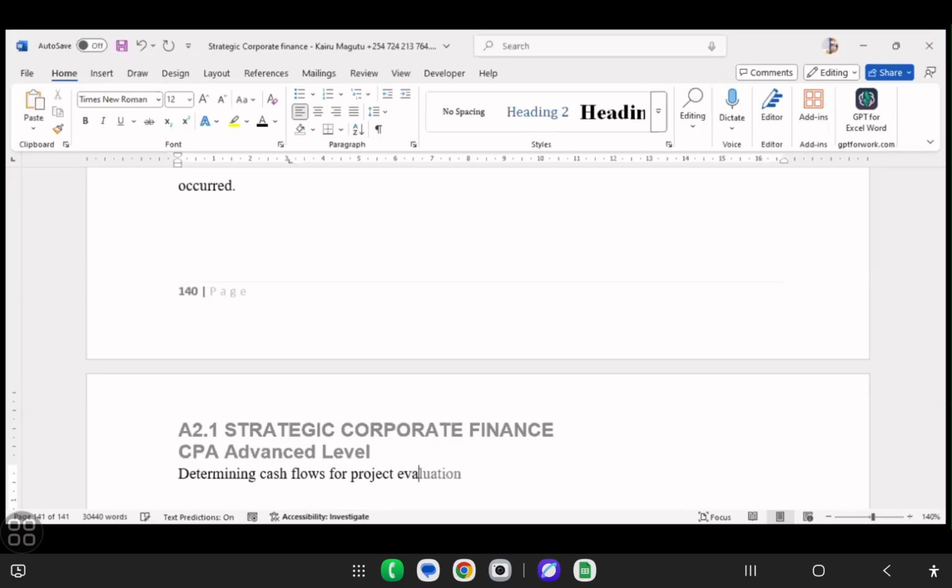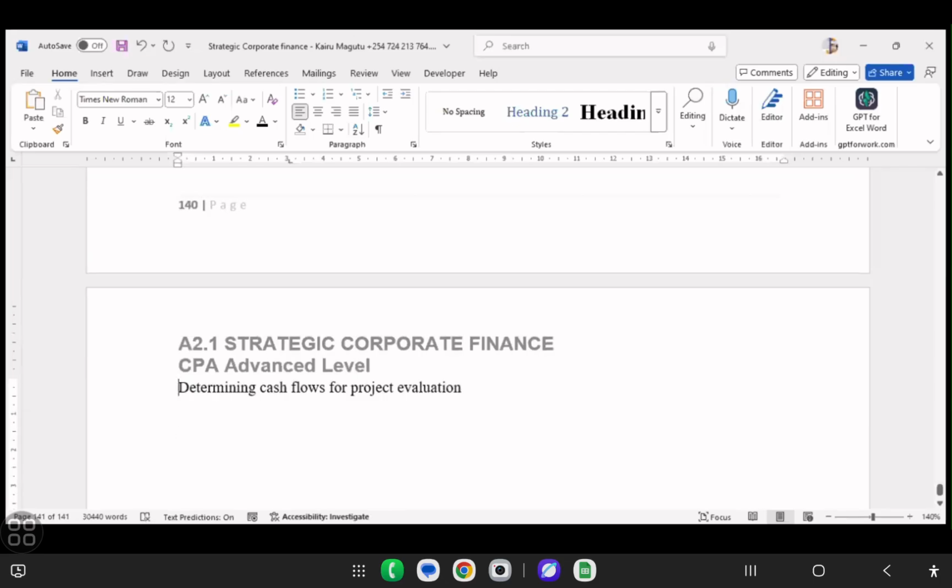The examiner will not give you the cash flow the way I have given. The examiner will tell you to determine the cash flows. Which cash flows do we determine?